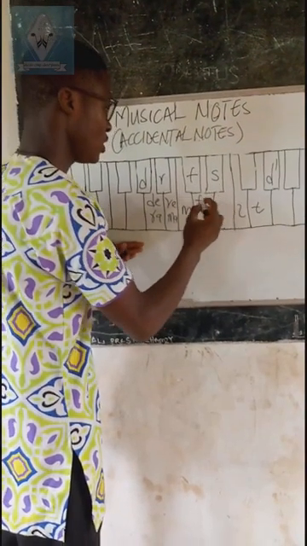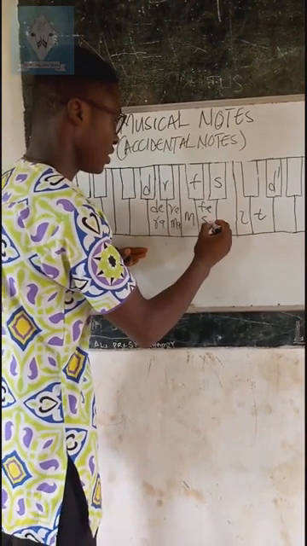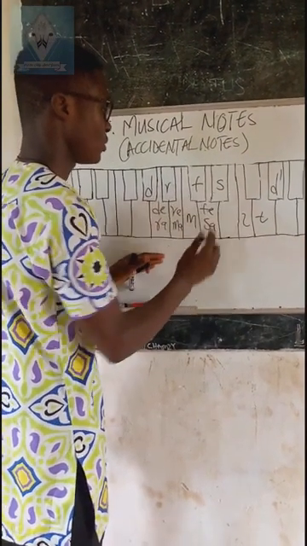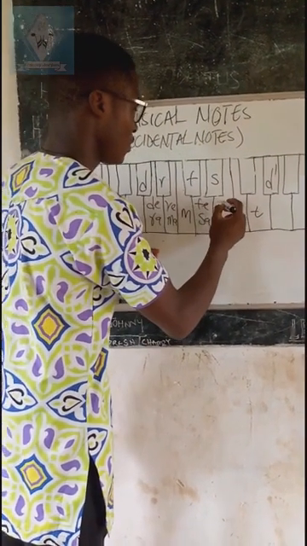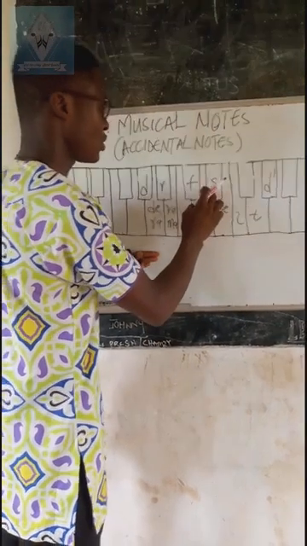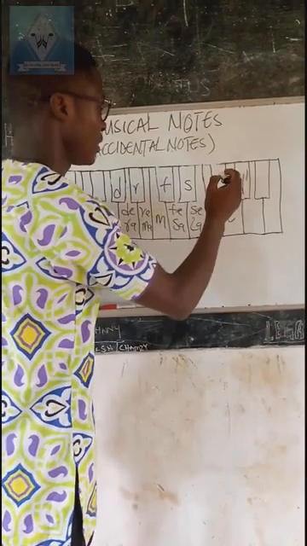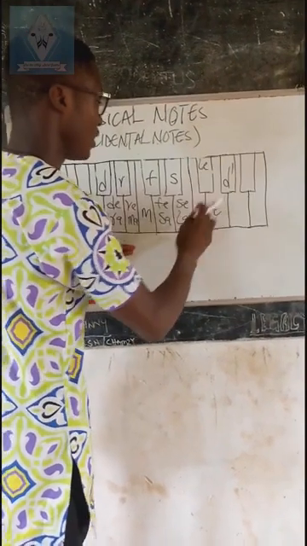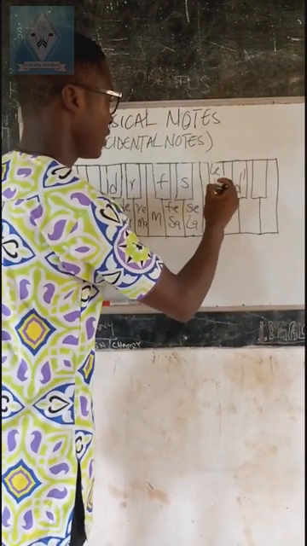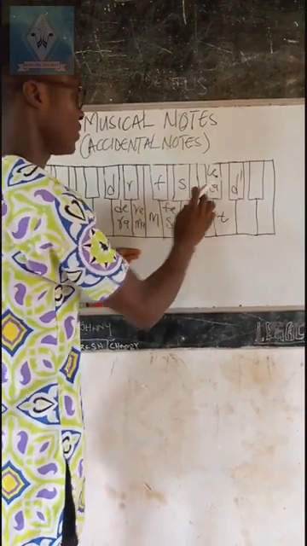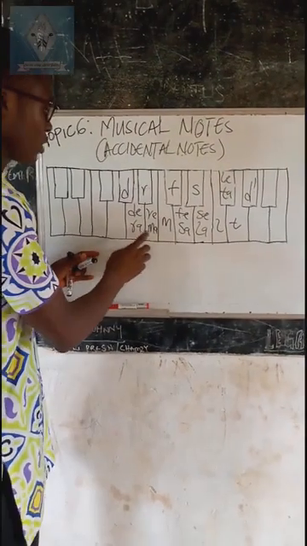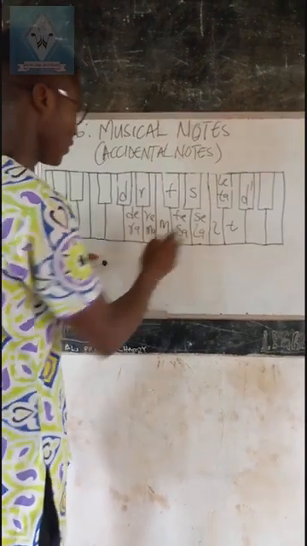This becomes this by sharpening fa, and this by flattening sol. This becomes this by sharpening sol, and this by flattening la. This becomes this by sharpening la, and this by flattening ti. So we have 1, 2, 3, 4, 5.